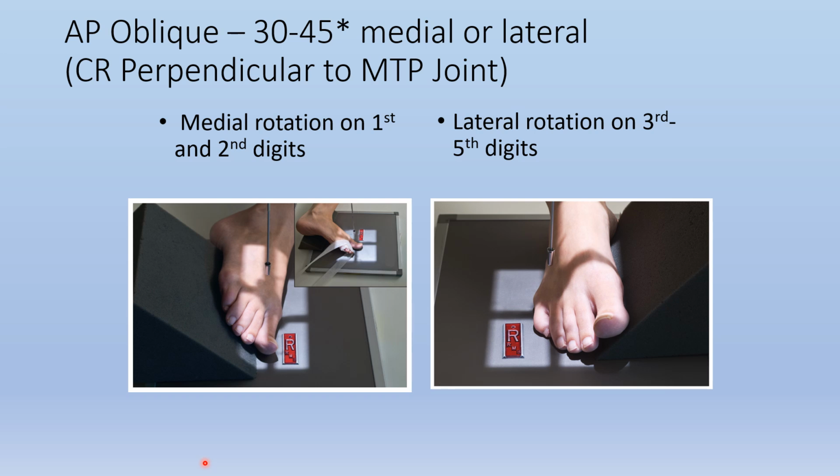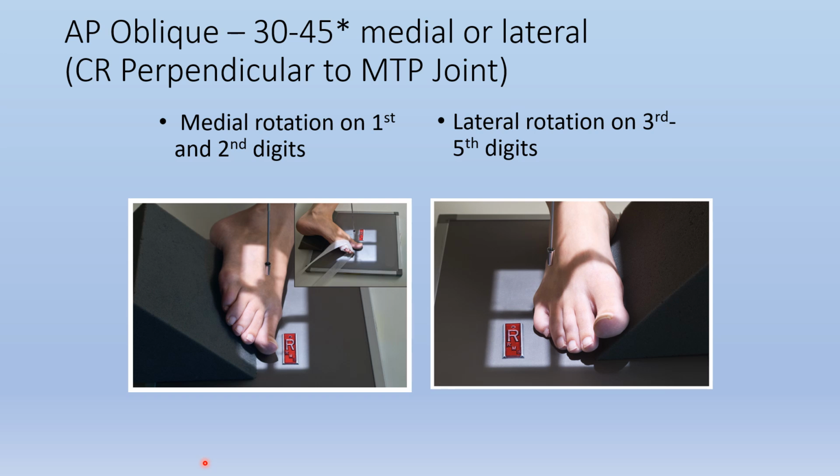Okay, I know the book says first, second, and third is medial and lateral for fourth and fifth, but I would tell you that it's much easier to do lateral rotation for third, fourth, and fifth. Okay, so first and second, medial 30 to 45 degree, and third through fifth is 30 to 45 degree lateral rotation.